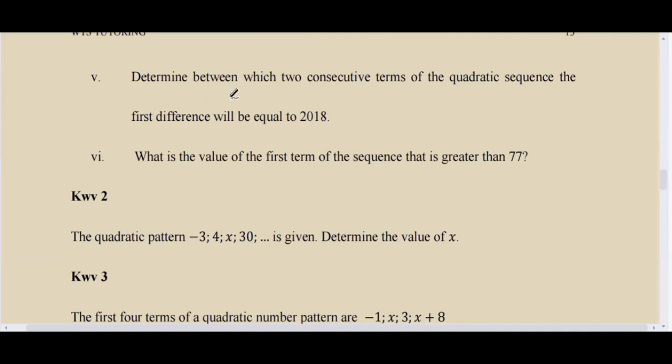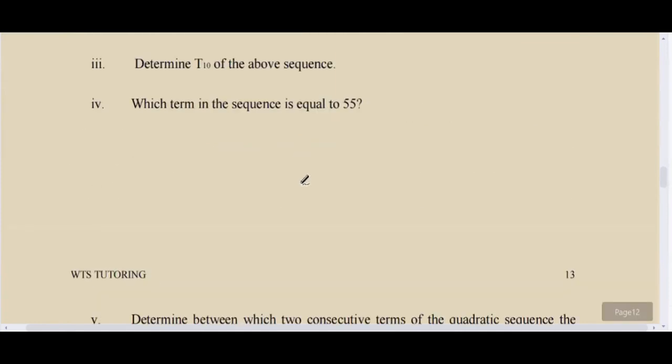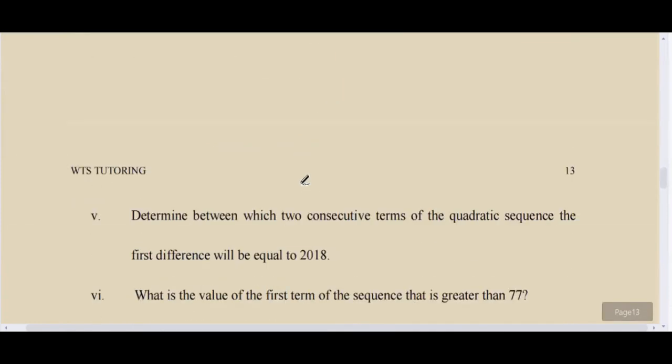Then they say determine between which two consecutive terms of the quadratic sequence the first difference will be 2018, right? I mean 2018, not 218, 2018. So now it's still a continuation of this question, right? So now they're looking for the two consecutive terms of the quadratic sequence where the first difference will be equal to 2018.